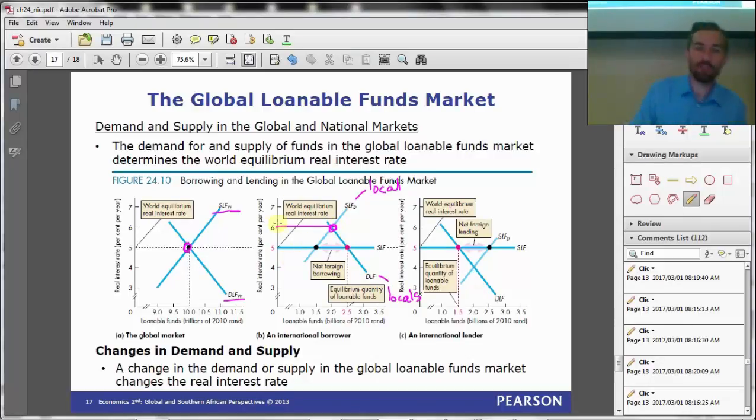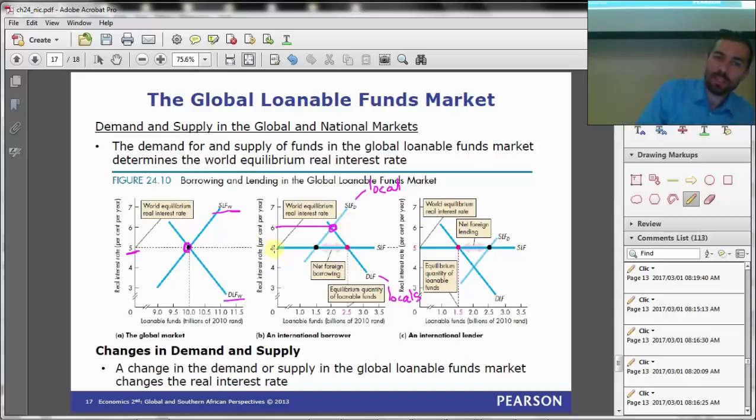If, however, the global interest rate is 5%. In other words, I could go out into global financial markets and borrow funds at 5%, right? If I can borrow funds at 5%, why would I be interested in borrowing funds locally at 6%? Would I have any interest in that? No.